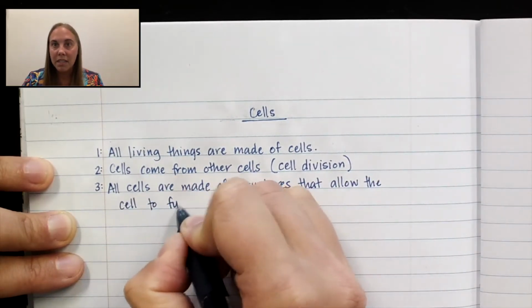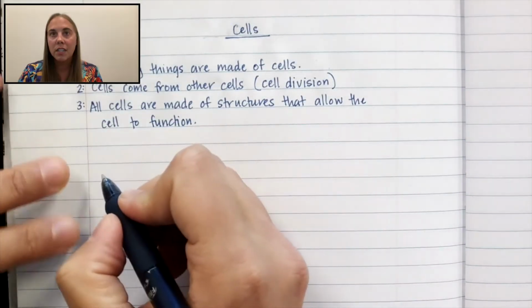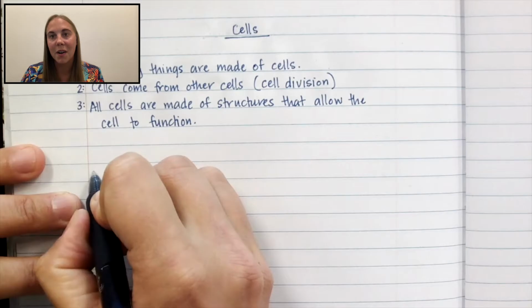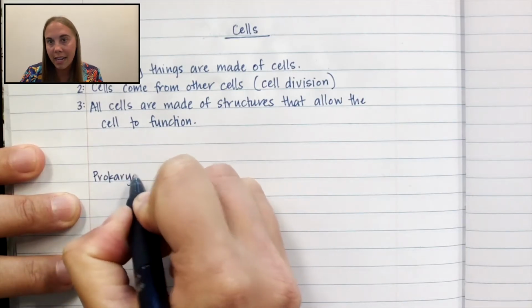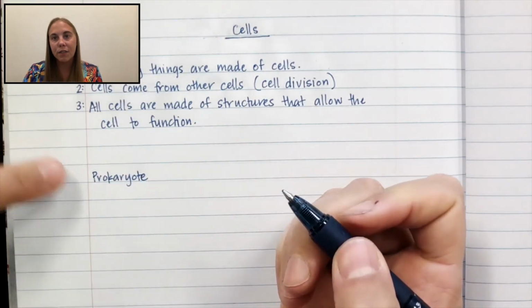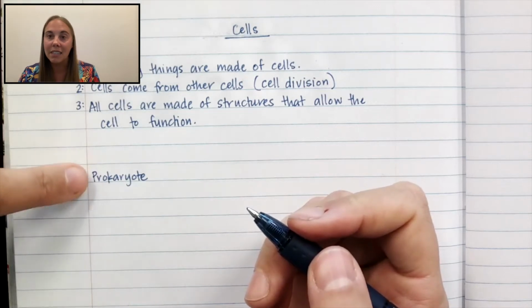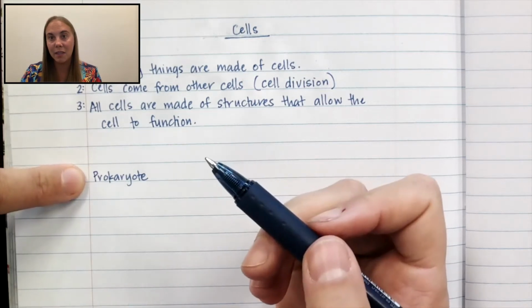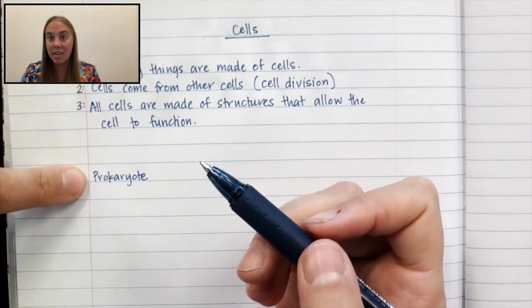So now we're going to talk about a couple of different types of cell. The first type of cell that we're going to be talking about are called prokaryotes. Pro means before and karyo means egg. So when scientists first looked at cells, what they noticed is that some of the cells look like eggs. You know how you have the white and then there's the yolk in the middle when you cook an over easy egg?